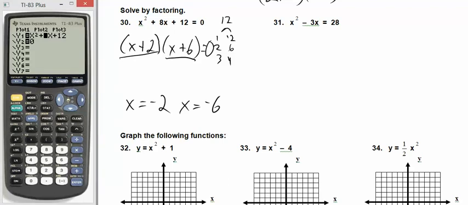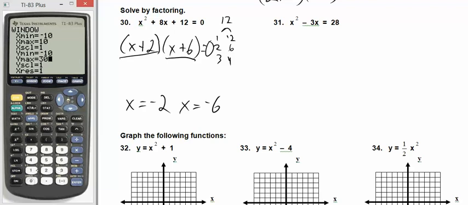X squared minus 3x, and put the other side in y2. Let's just take a look at our graph. Now it's not there and there. It's going to be up where 28 hits. We can look if you want. You don't have to do this to solve it, but just so you can see what I'm talking about.